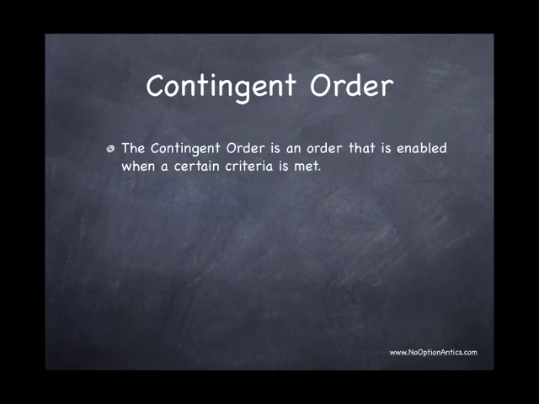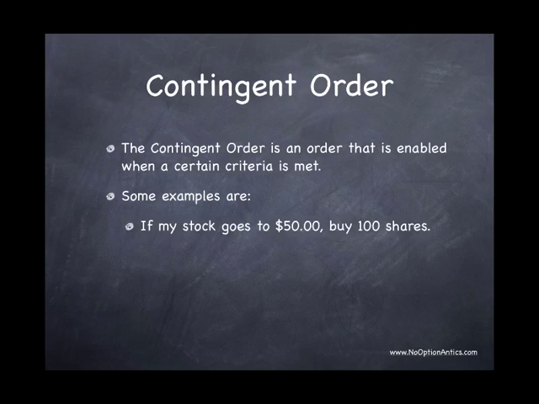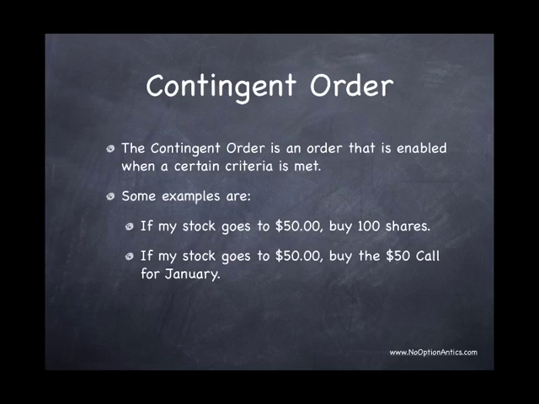Another type of order is a contingent order. A contingent order is enacted when a certain criteria is met. So some example is that, if my stock goes to $50, I want to buy 100 shares. So it would be contingent upon the stock being at 50 for the shares to go in.